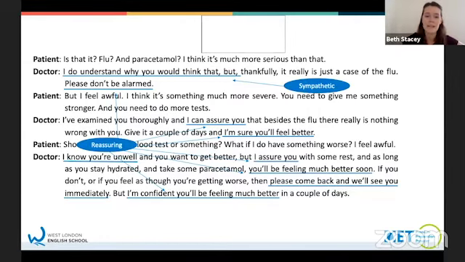And hopefully with that intonation as well, you'll be able to see that they're being very empathetic. So for example, with that last line, 'but I'm confident you'll be feeling much better in a couple of days.' By using that kind of nice, kind, calm tone of voice, it will make the patient feel more at ease, and again, make it patient-centered.